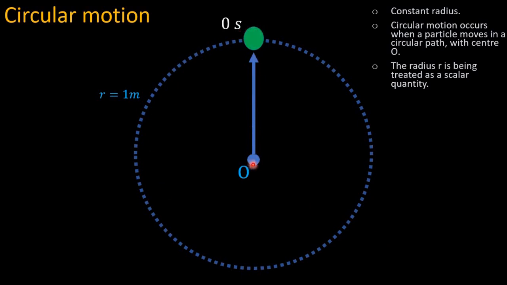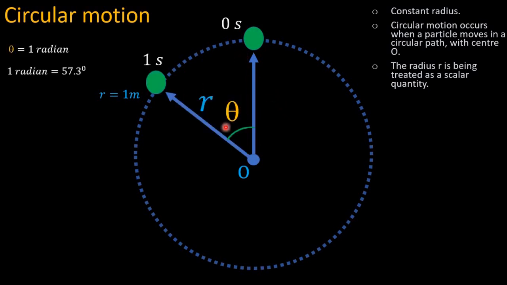And let's say after 1 second the particle ends up there. The radius there is also 1 meter, because remember, the radius is constant. In any circular motion, the radius is always constant.